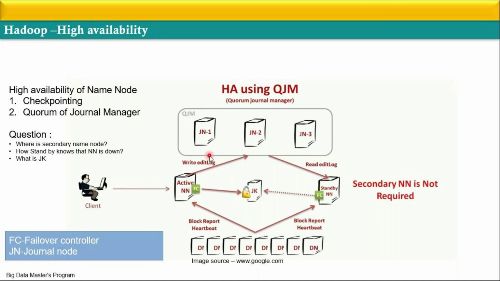If the client asks for particular data which is stored in this cluster, then the active name node also refers to the edit log, which is nothing but metadata, certain addressing.